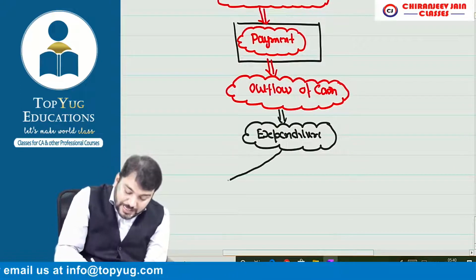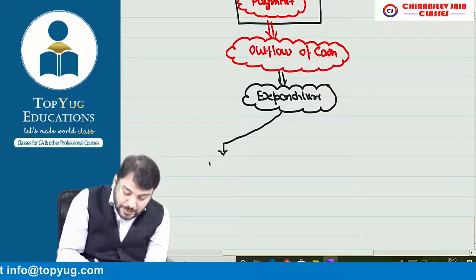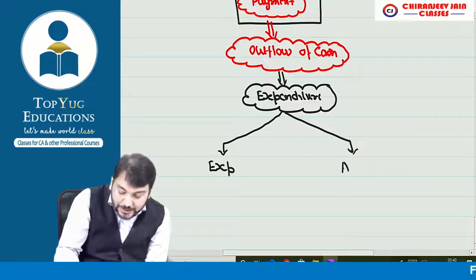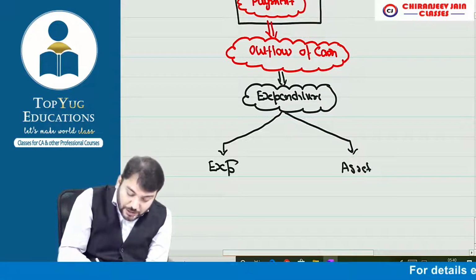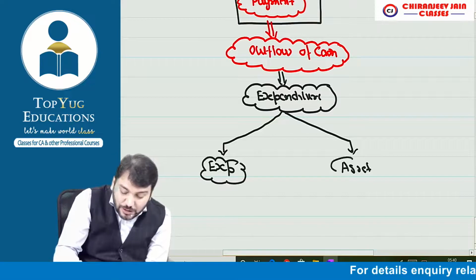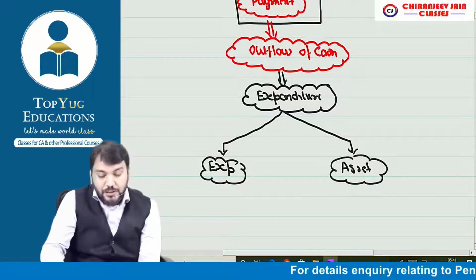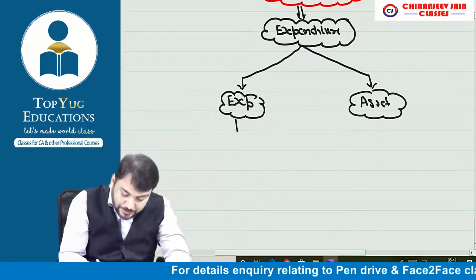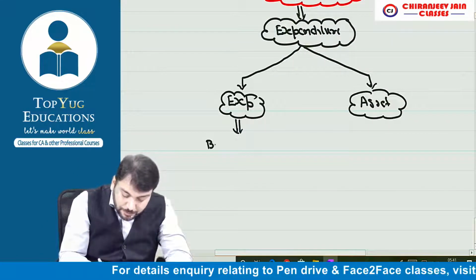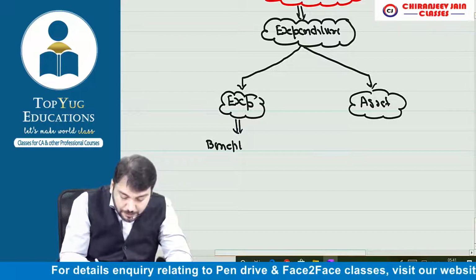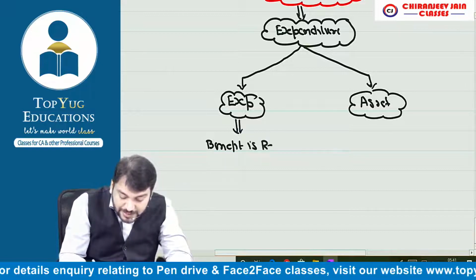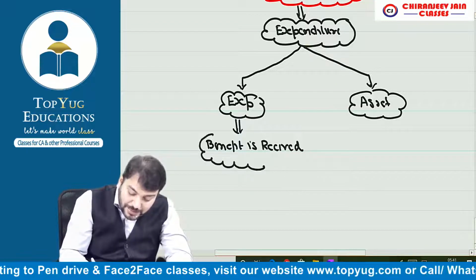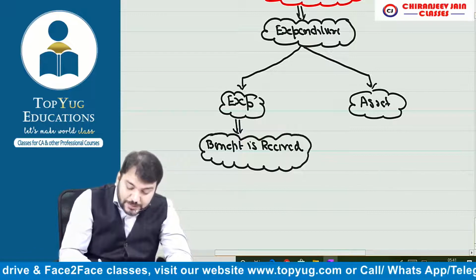Now this expenditure, some expenditure become expense, some expenditure are asset. So when it will become expense, when it will become asset, that we need to understand. Understood? So any expenditure for which benefit is received, अगर benefit receive हो गया, then we call it expense.